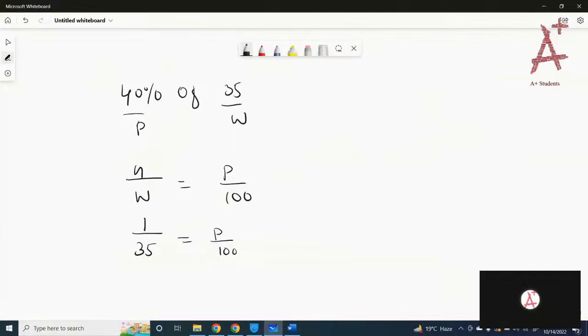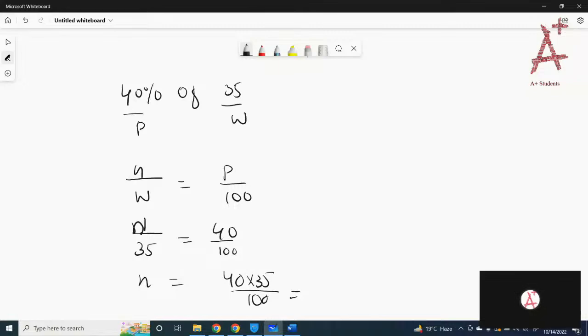You are given the percentage also, it is 40. Sorry, I forgot to write the percent. The value of the percent is 40. Here you have n. Okay, just cross multiply them. n equals 40 times 35 divided by 100.